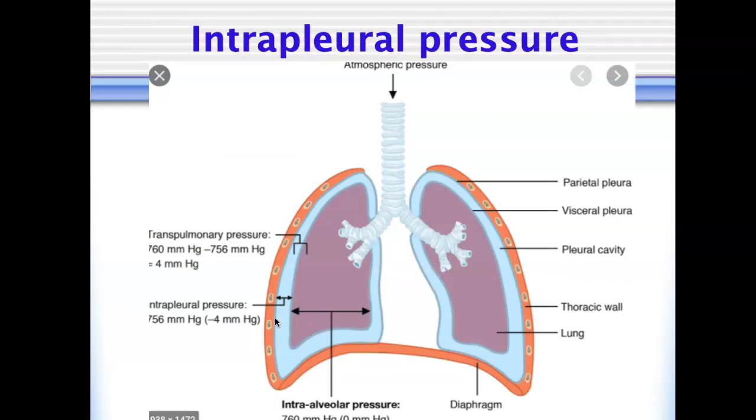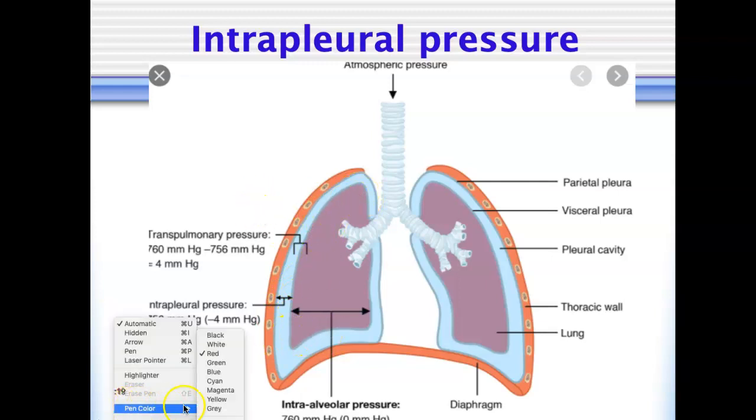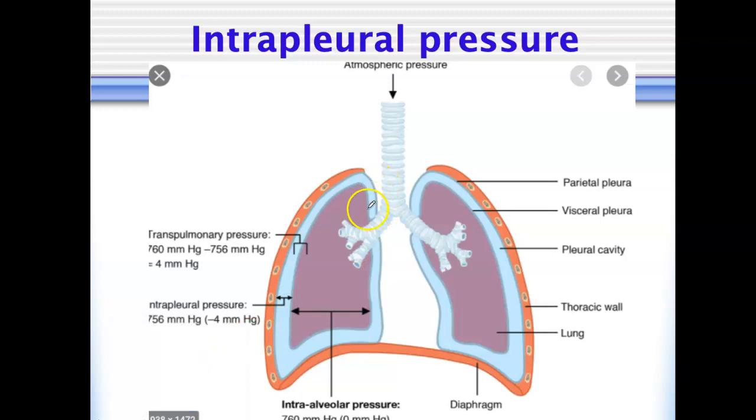So the trick here is that we need to keep this lung inflated. When you're exhaling, it doesn't mean that your lung ends up like that. It doesn't. It's still attached on to your thorax here, and it'll have lower pressure in it or higher pressure in it, but we need it to stay attached.